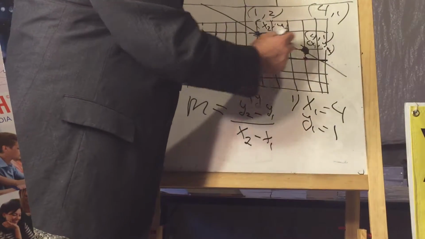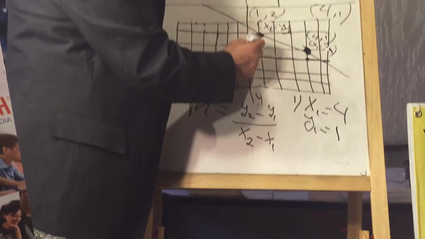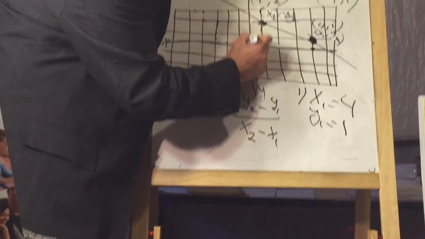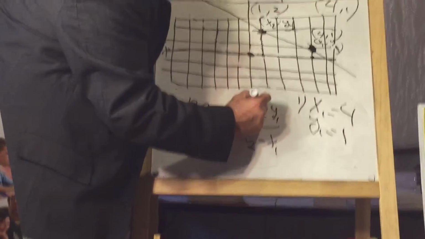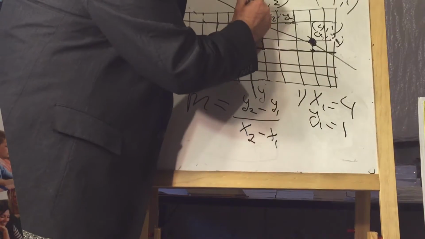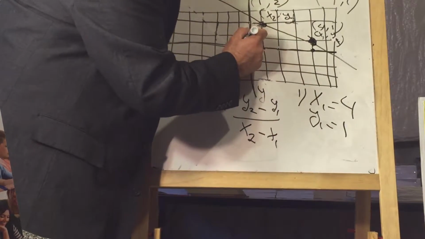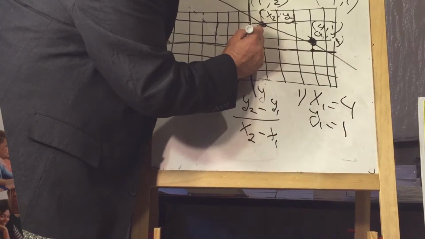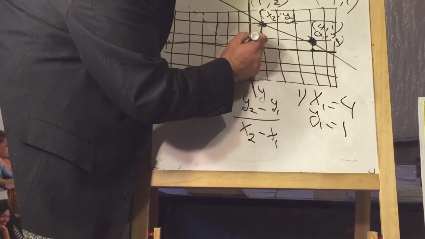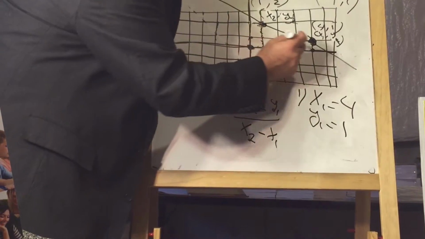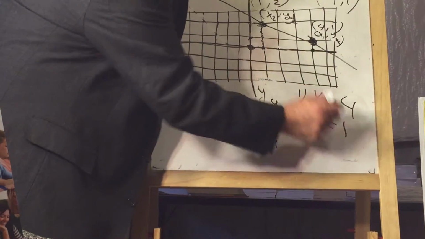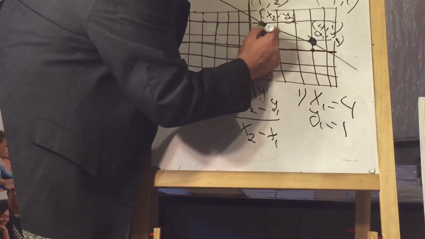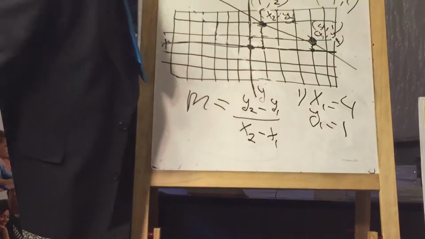Now, how far is it from the y-axis? It's 1 point, because this is the origin and the y-axis is here. So y1 is 1 and x1 is 4, and they meet over here. So this is the first point.